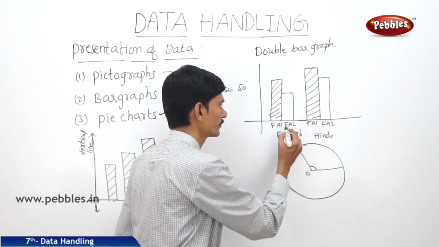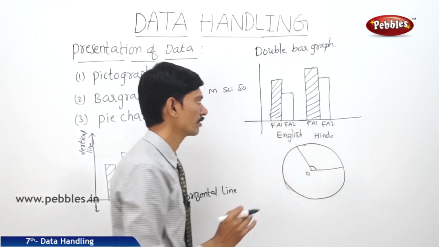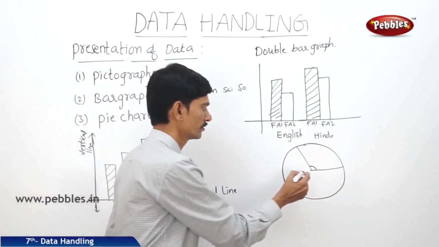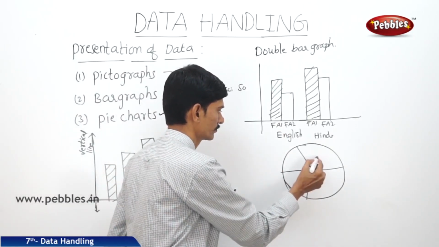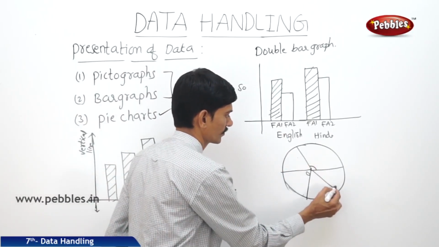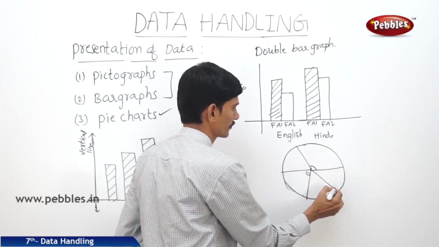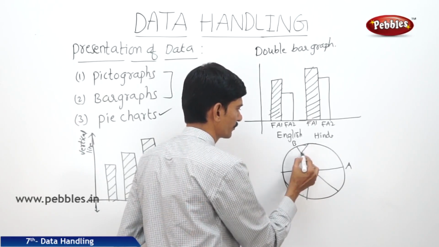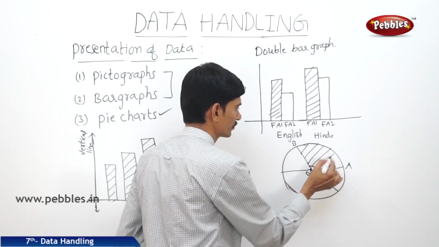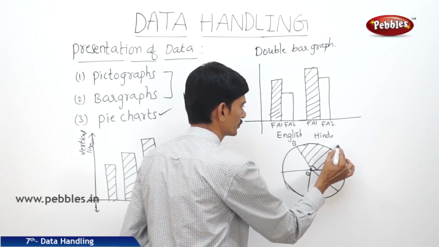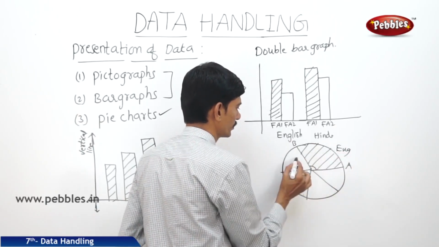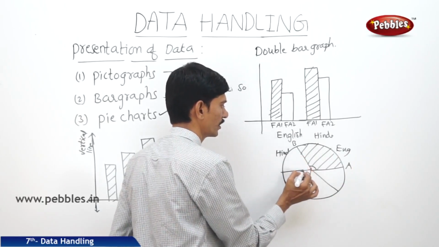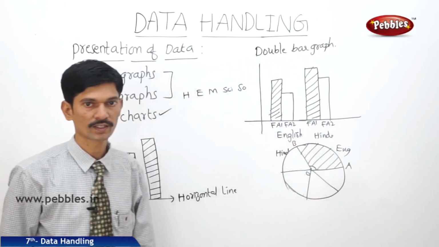So for each value of the given object, we find the angle of the sector. For example, this sector represents the marks of the student in English, and this is, for example, Hindi. But we need to find the angle of each sector.